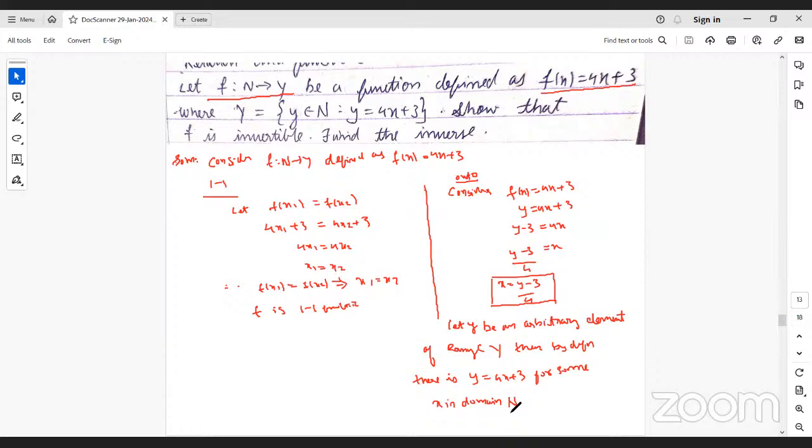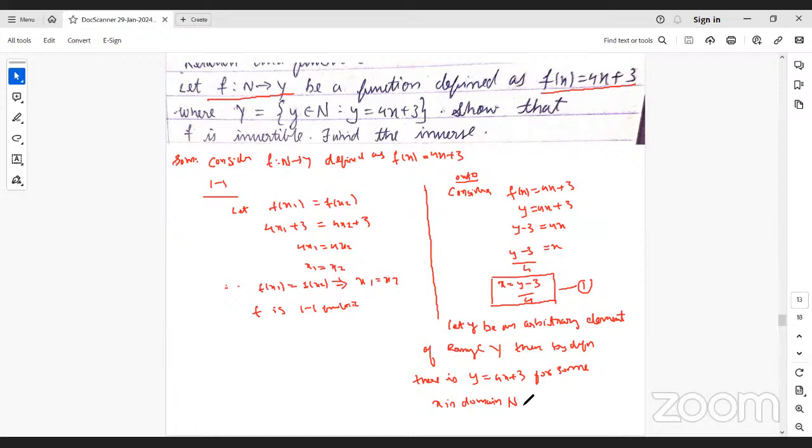Therefore, whatever function we have got here, I'll consider it as equation 1: x is equal to y minus 3 upon 4.